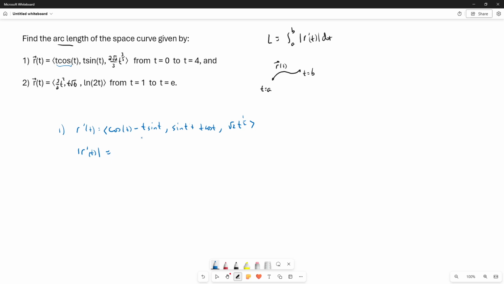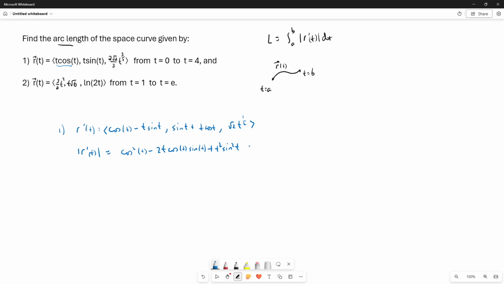So squaring a minus b gives a squared minus 2ab, so 2t cosine t sine t, and then plus b squared is t squared sine squared t.